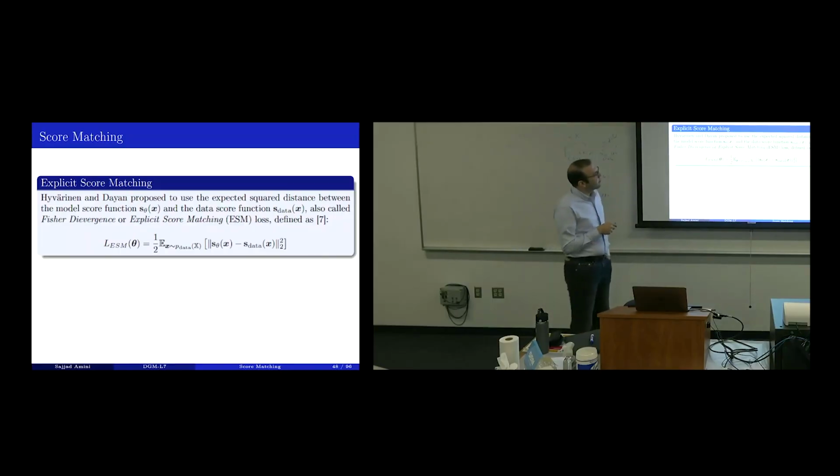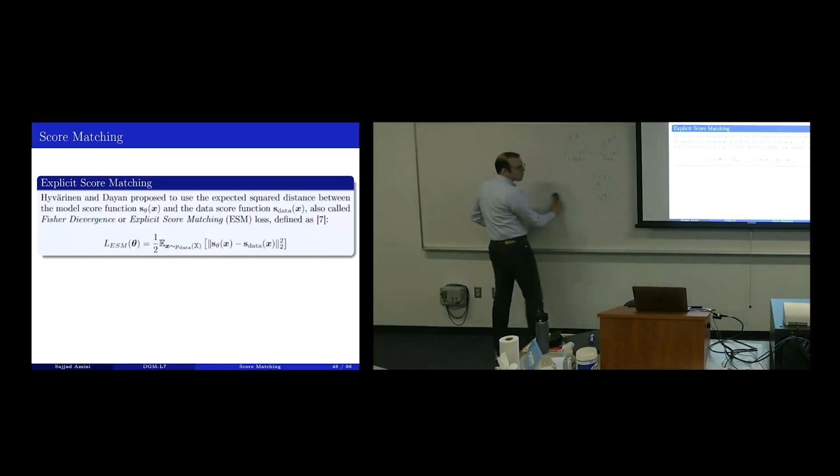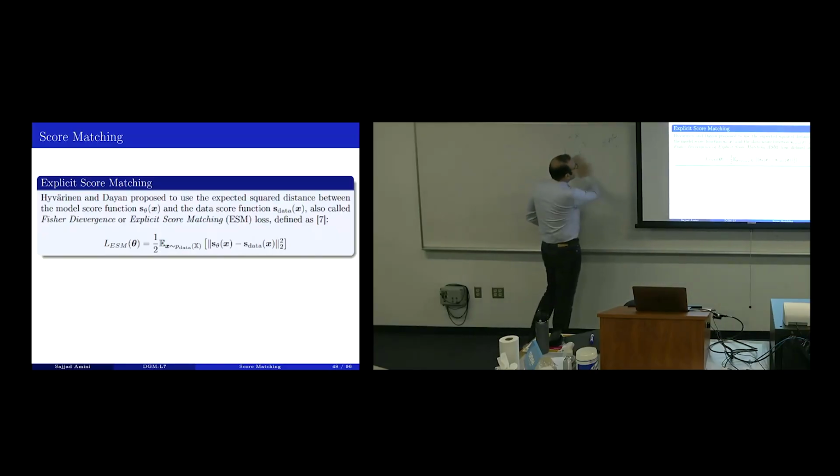They proposed to use the expected square distance between the model score function s theta of x and the data score function, also called the Fisher divergence or explicit score matching. So these definitions are very important from now on. The first one is explicit score matching, okay?